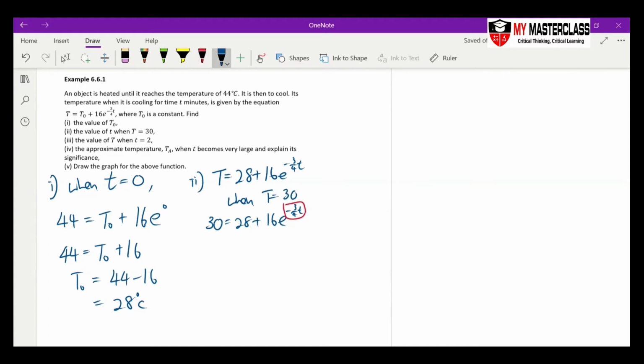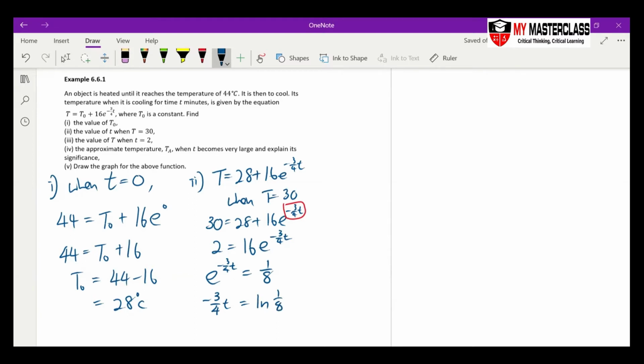Bring the 28 over first, so 2 is equals to 16 e to the power negative 3 over 4 t. Always make sure your e is alone first before you can do ln. So e to the power negative 3 over 4 t is equals to 1 over 8. How do you get 1 over 8? It's from 2 over 16. Then negative 3 over 4 t is equals to ln 1 over 8.